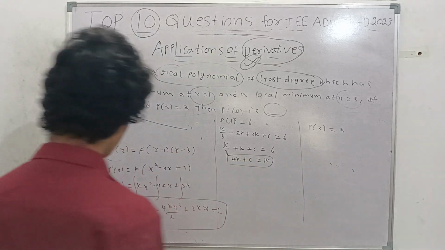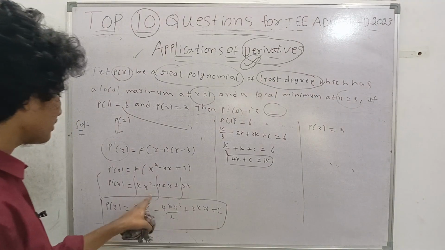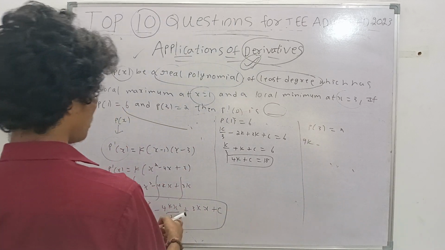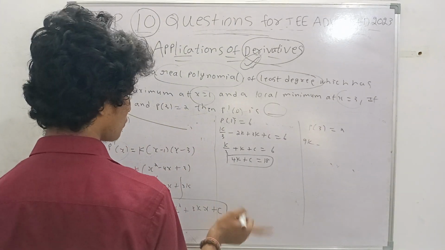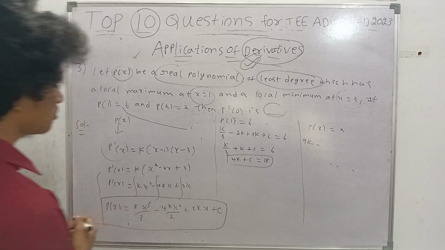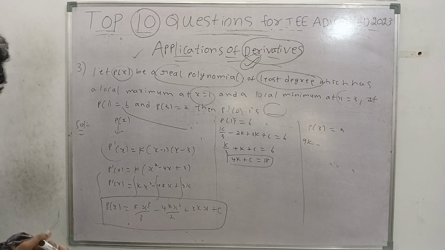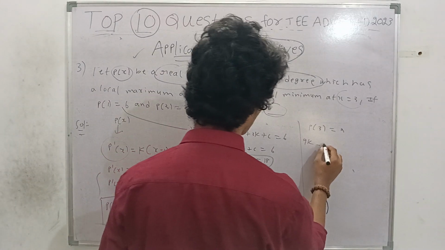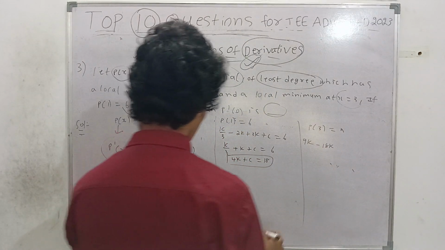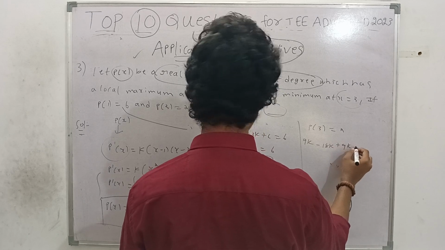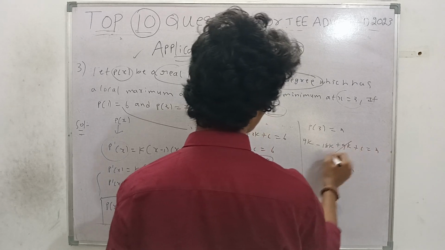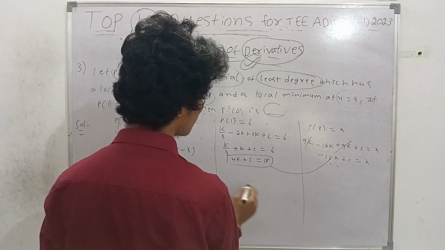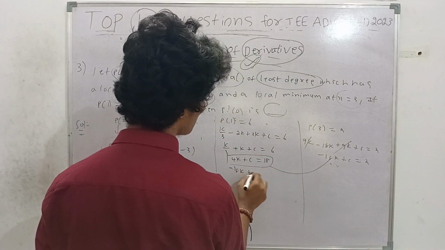And if we take x equal to 3, that is 9k minus 2 into 9, that is 18k, plus 9k plus c equal to 2. So it will be minus 18k plus c equal to 2.